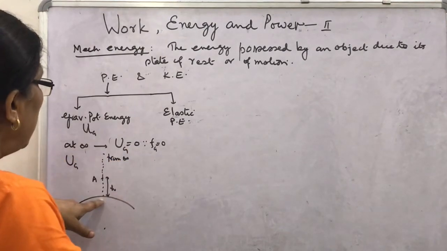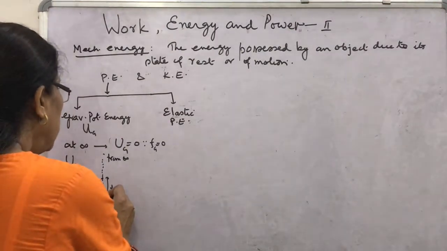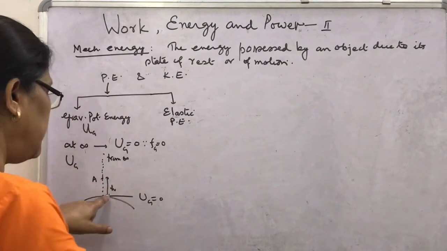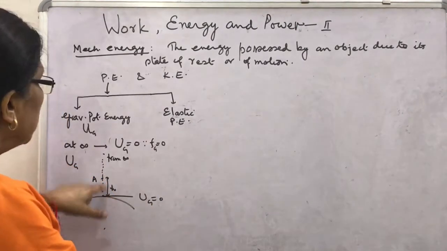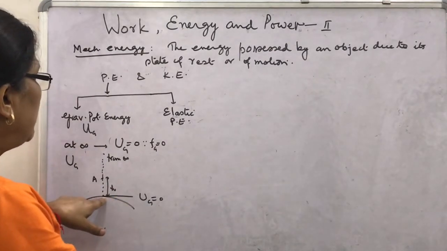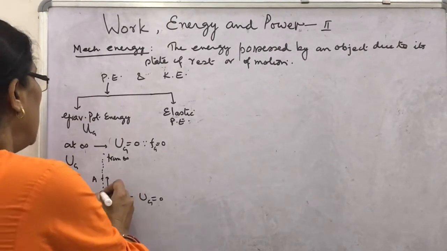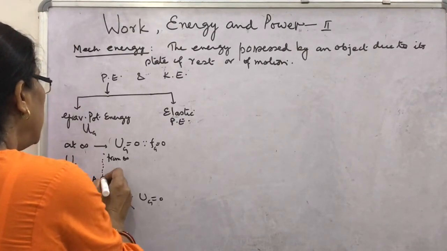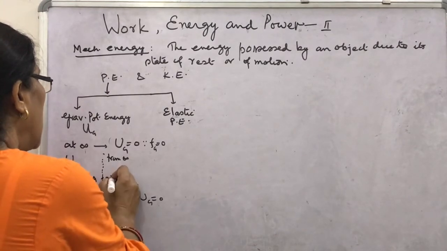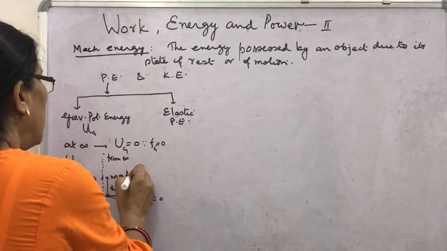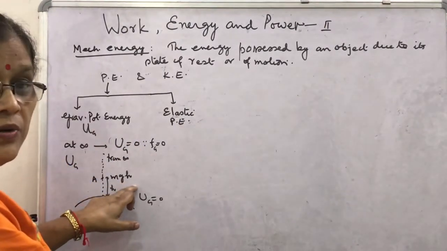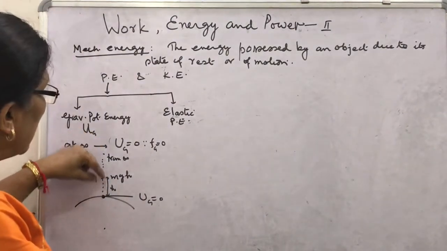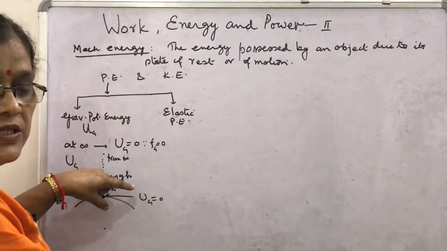At the surface of earth, we assume that potential energy is 0. Actually it is not 0, we assume it because we measure the height from the surface of earth. So if UG is 0 at the surface of earth, then if an object is raised from the surface of earth to the height h, the energy it will acquire is mgh. Mg is the force with which the object is raised, up to the height h. So at A the potential energy is mgh.